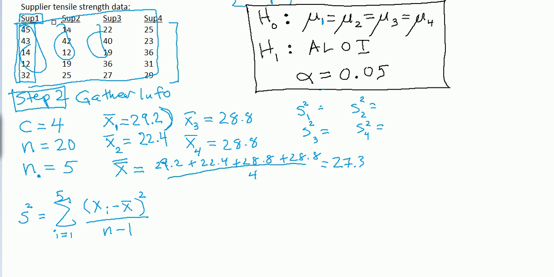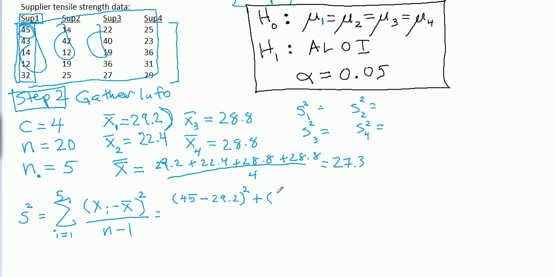Okay, so let's go through this for the first group. So this equals, maybe I should give myself some space, 45, that's the first x1, minus the mean, 29.2, squared, plus, that's what this capital sigma is telling me, to add the elements.